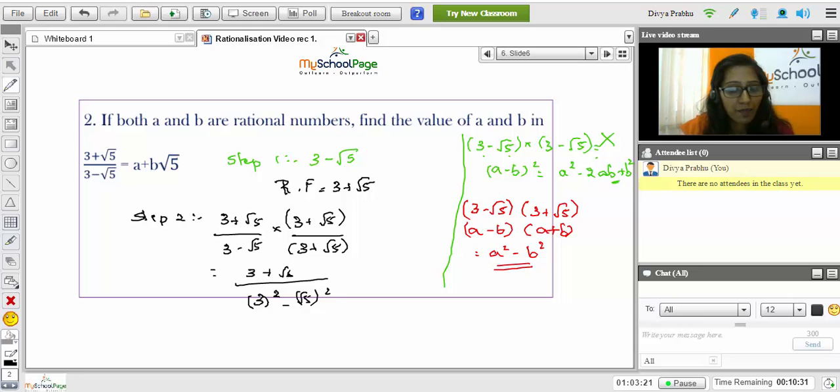So we have 3 plus root 5 the whole square, or you can use the distributive property and multiply it. So what do we get? a square, that is 3 square, plus 2 times ab plus b square, divided by a square minus b square, which is 9 minus 5. How much do we get? 9.